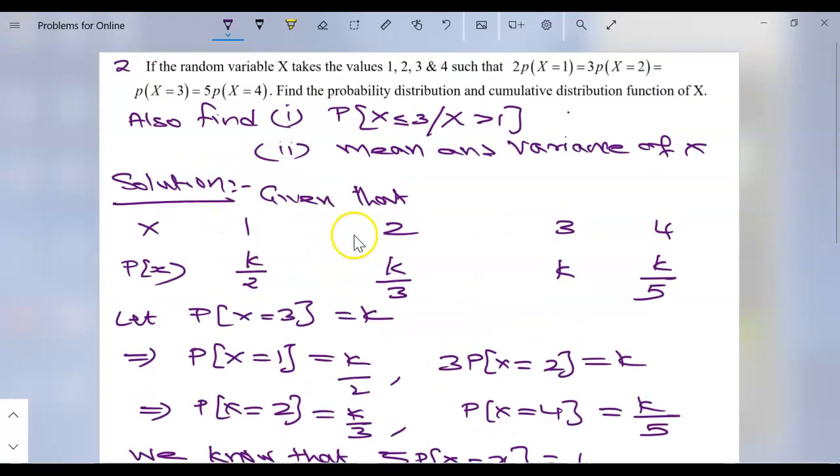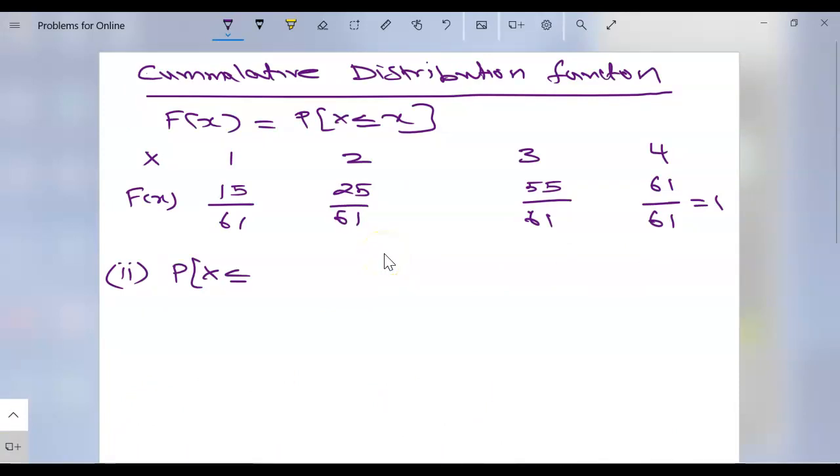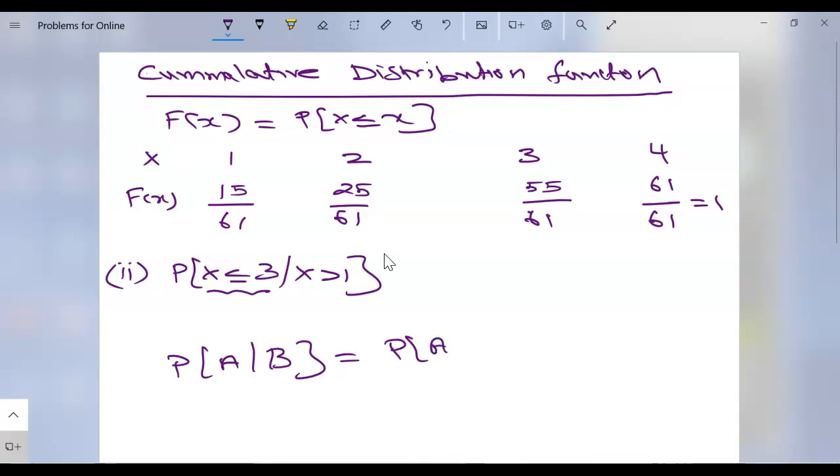So it's very simple. Use this rule: probability of A given B is equal to probability of A intersection B divided by probability of B. Employ this rule, nothing more than this.